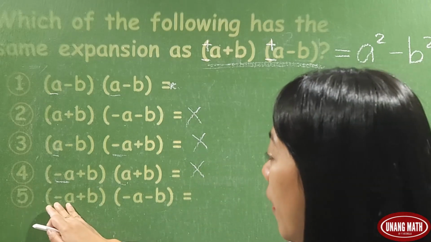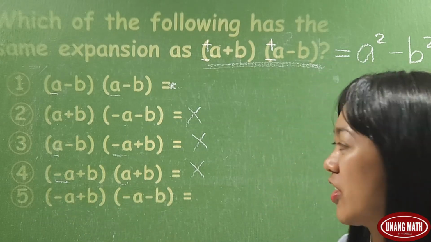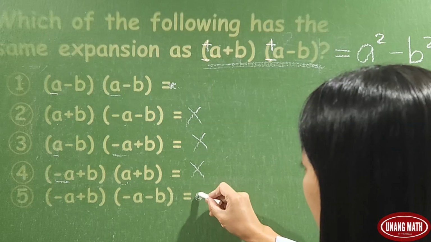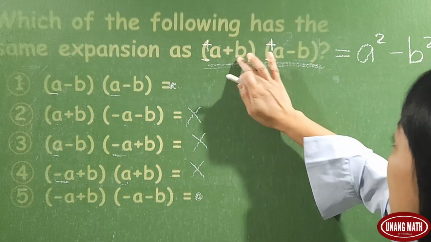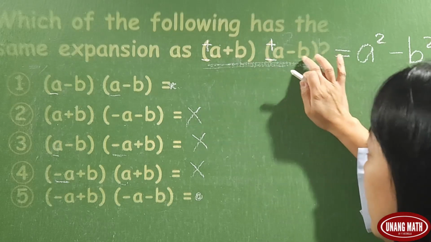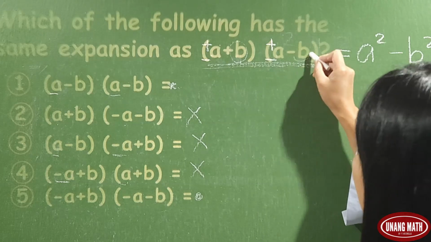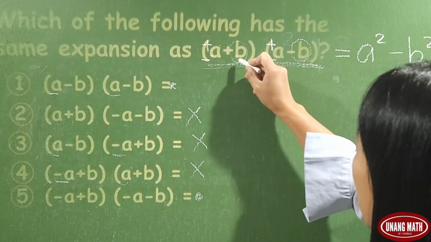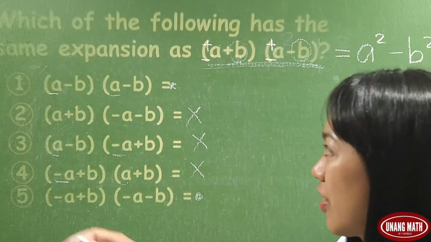What about for number 5? Negative and this is negative. It did not change. So we can consider this as an answer. Okay, what about these b or these variables or these numbers? In here, this is positive. This is negative. Okay, the point here is the sign changes.